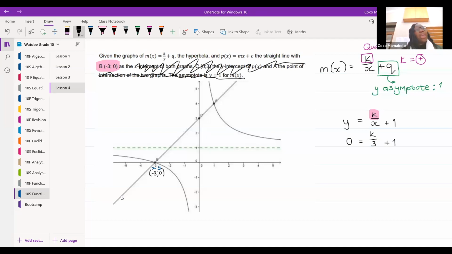Can we solve for k? Any volunteers? Who can solve for k for me? And I know it's pretty easy because we just did it like 3 seconds ago. Patu's already done. You got the correct answer.